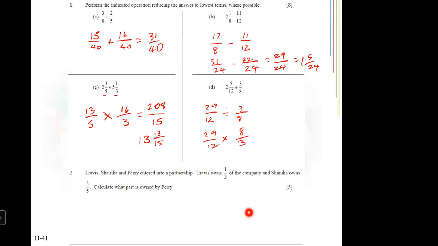You can cancel here because 4 could go into that 2 times, 4 into that is 3. So 2 times 29 is 58. 3 3s are 9. 9 into 58 goes 6 times, remainder 4 over 9.